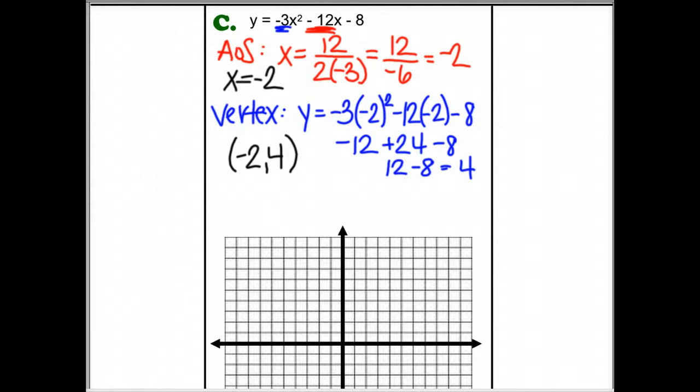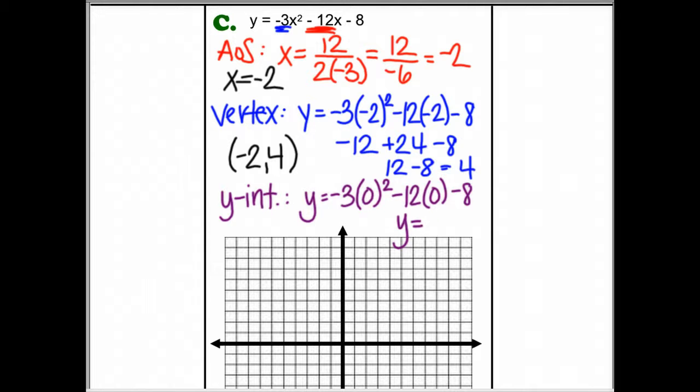And then finally our y-intercept, put in 0 for x, we have y equals -3 times 0 squared minus 12 times 0 minus 8. So y equals -8 because these first two terms turn to 0, making my y-intercept 0, -8.